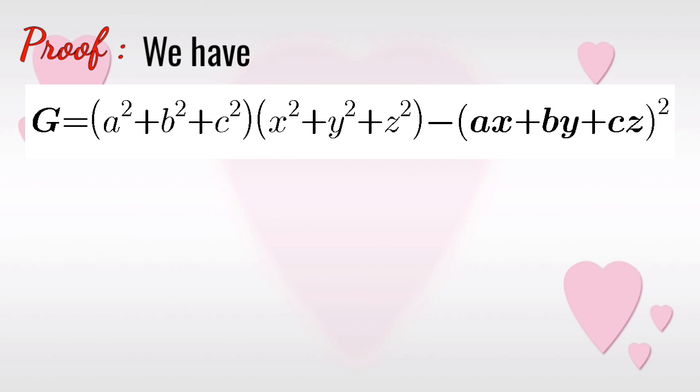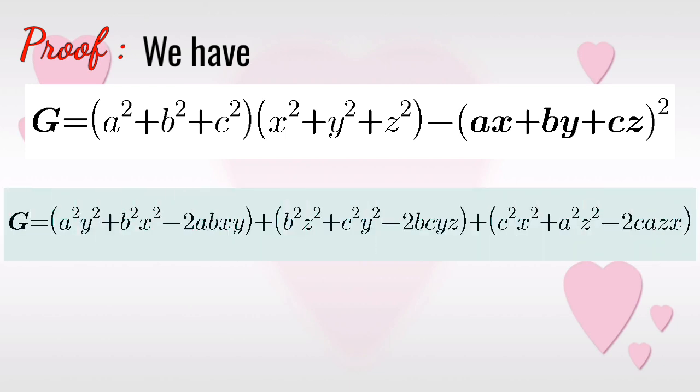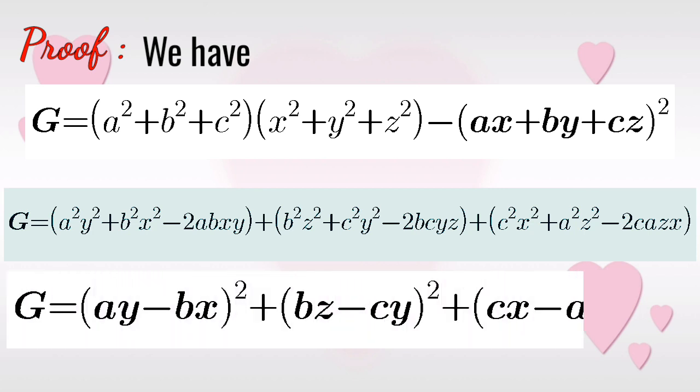If you multiply the first two brackets, and for the last bracket use the (a + b + c)² expansion and rearrange them, you will get a²y² + b²x² − 2abxy and so on. By using (a − b)² for these three brackets in the second step, we get (ay − bx)² + (bz − cy)² + (cx − az)².